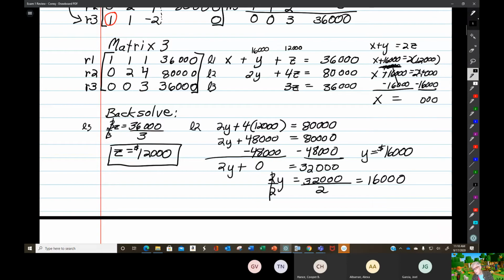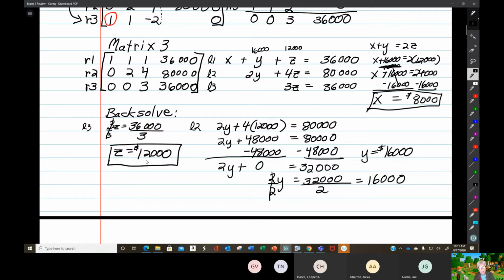Okay, 0, 0, 0, 14 minus 6 is 8. So I get 8,000. Yeah, that would be right. Okay, so X is going to equal $8,000, and Y is going to equal $16,000, and Z is going to equal $12,000.